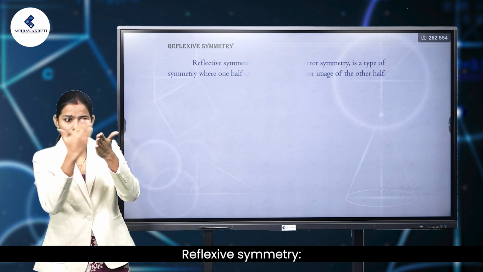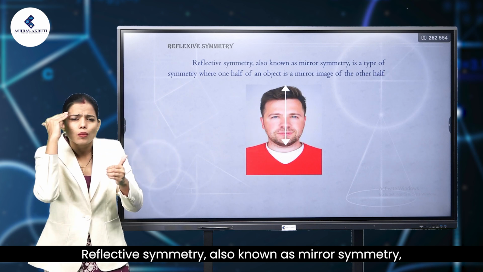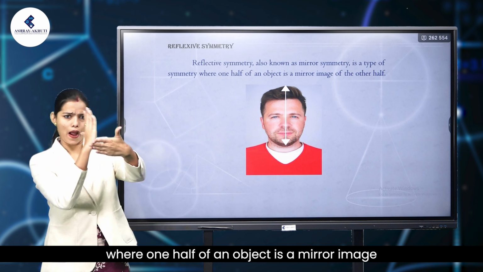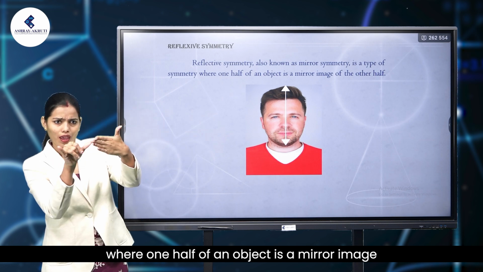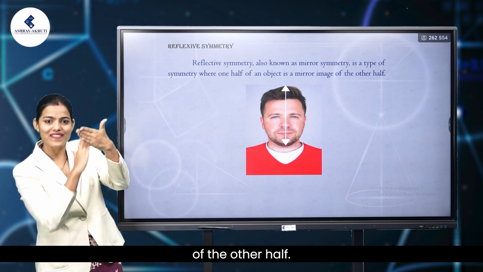Reflective symmetry. Reflective symmetry, also known as mirror symmetry, is a type of symmetry where one half of an object is a mirror image of the other half.